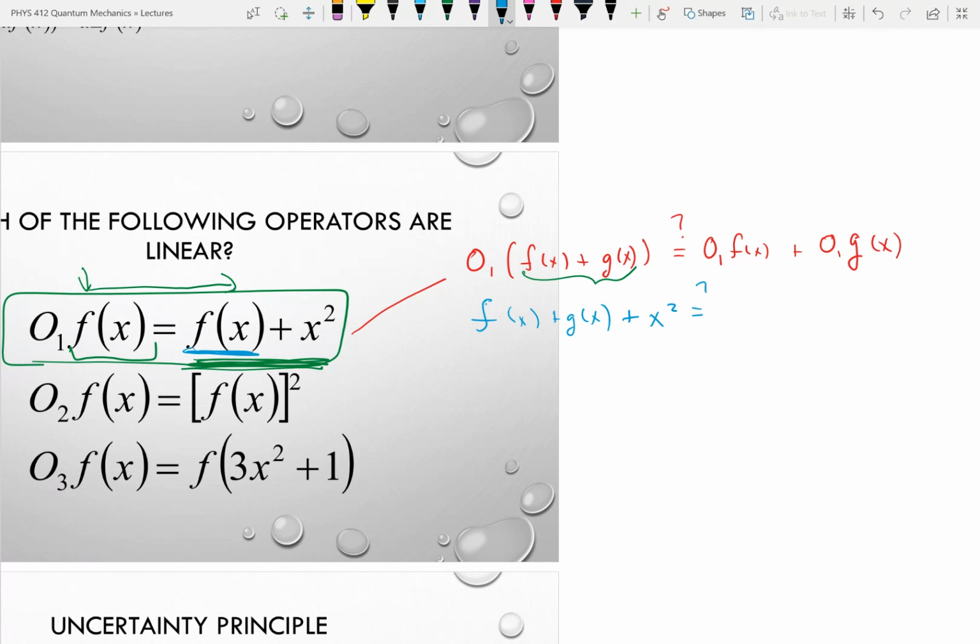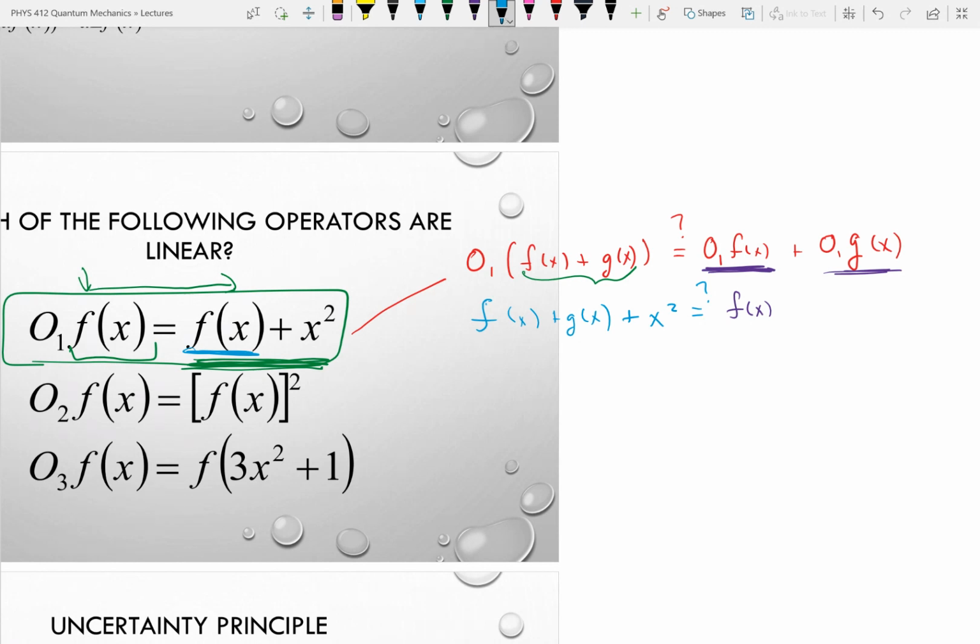So now, Christopher, what do I get for doing it on the other side? So I have operator 1 just on f of x, which you can read. We said that f of x is f of x plus g of x. No, on the right-hand side, we now are doing just this one, and then we'll do that one separately. So in the green boxed equation, I'll replace f of x with f of x, which is why it's trivial.